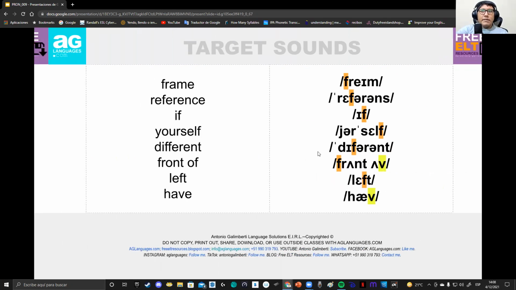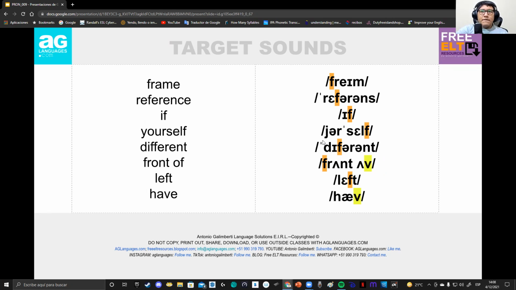Then we have another pair, the f sound and the v sound, in words like frame, reference, if, yourself, different, front of. This time we have the v sound, front of, with a vibration.